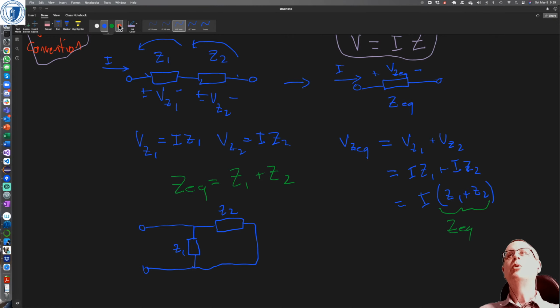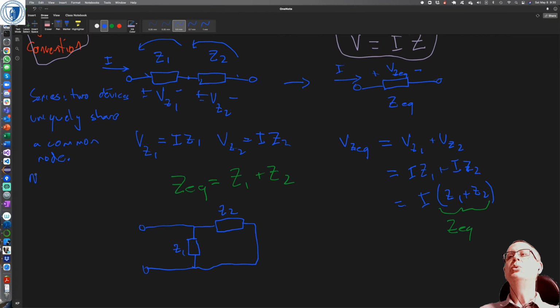Remember what that means? Actually, let's go back and remember what series means. Series means that two devices uniquely share a common node.